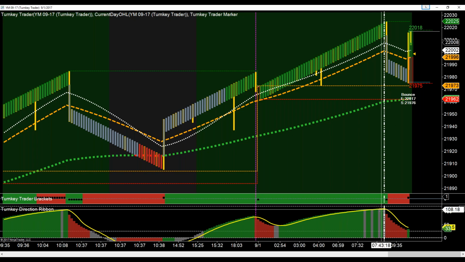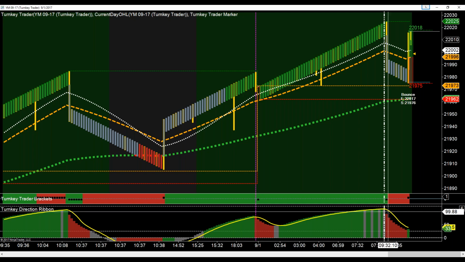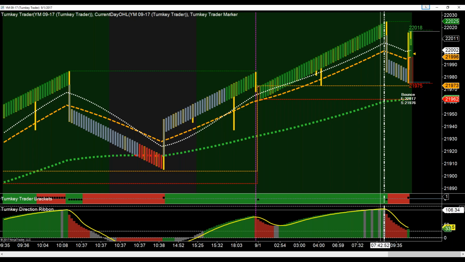So for the example of a bounce, a really prime example of a good bounce trade would be pretty similar to this one. We want to see this yellow line come from above 100. So 100 is the first extreme level, and then this 125 or 120 up here is like the top of the extreme.